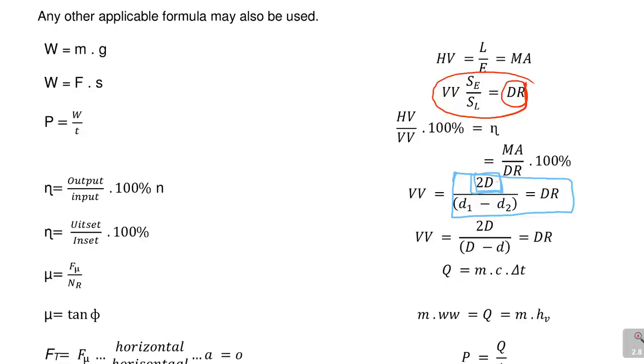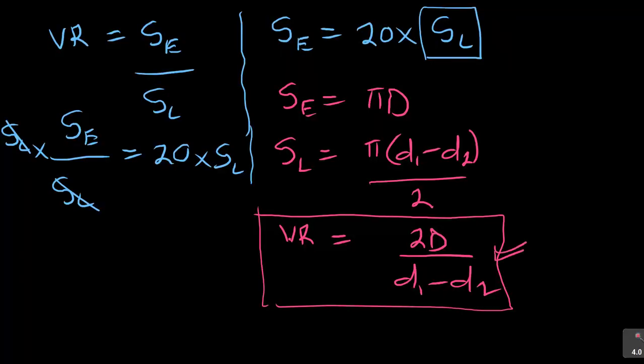This is the formula 2D over D1 minus D2. It was made from the distance moved by effort as well as the distance moved by load. That is how they derive VR equals SE over SL.